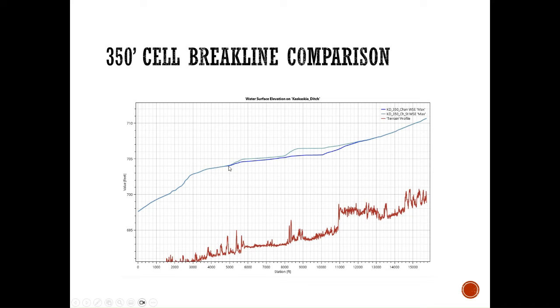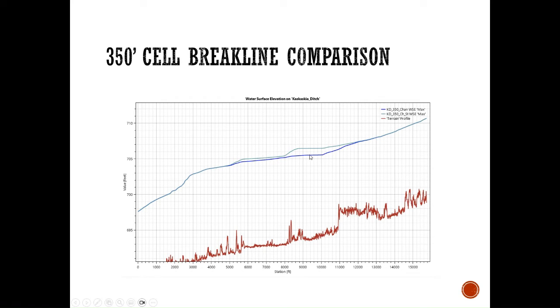So looking at the profile comparison again here, what we see is with our 350-foot mesh, once you get to these structure openings, that's where you start to see the real deviation in the profiles, with the higher profiles coming where we have enforced those structure break lines with this teal line here.